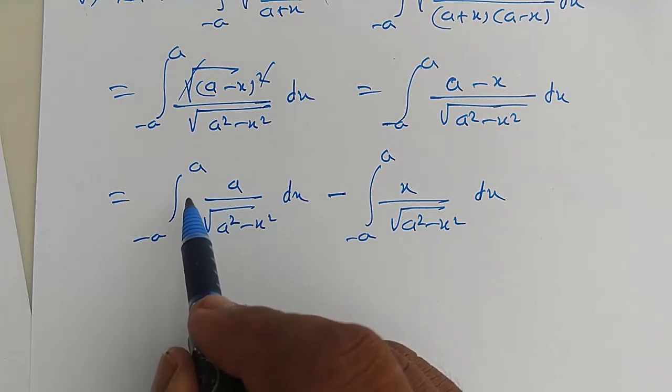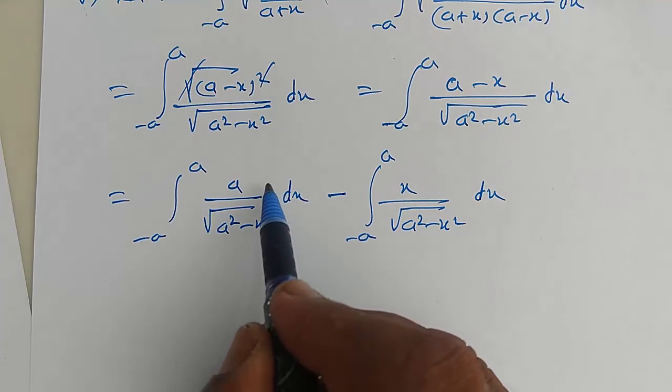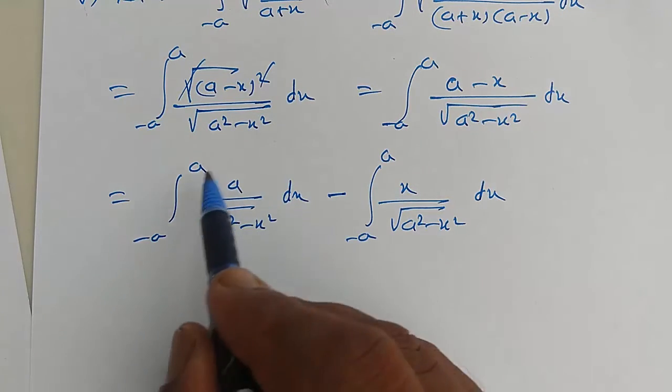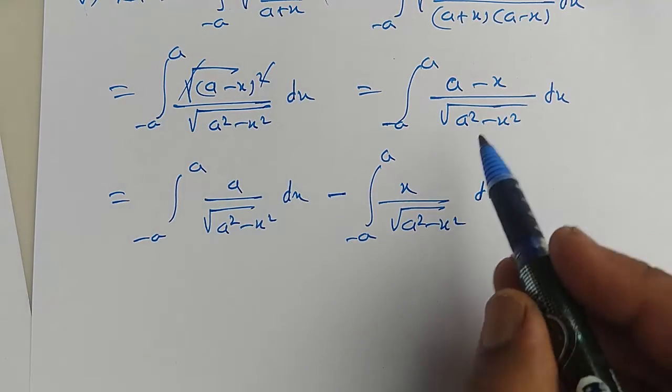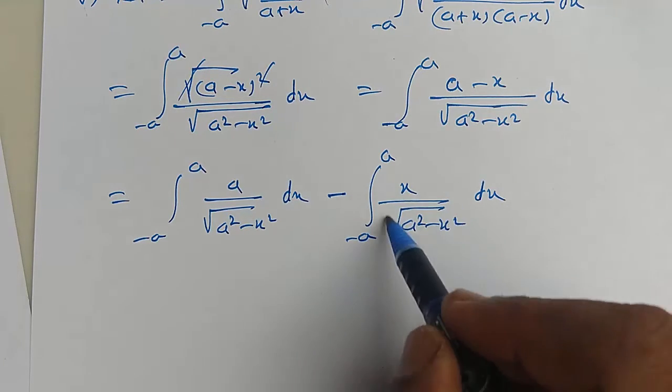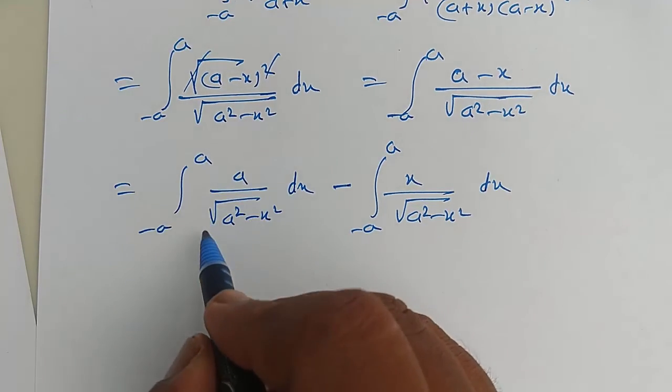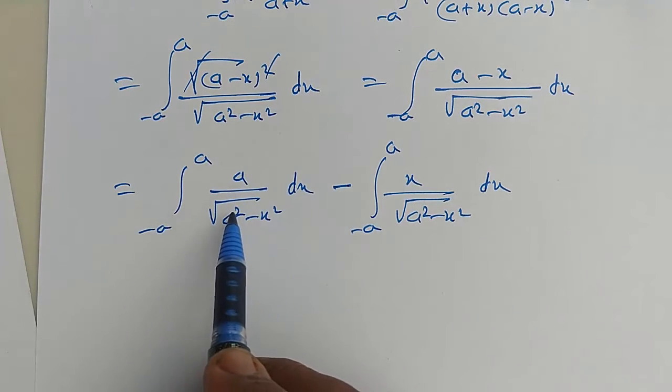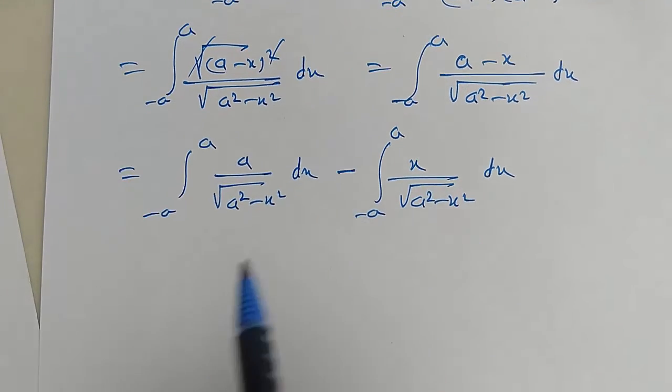Now if you replace x by minus x, there is no change in the first term, and if we replace x by minus x in the second term, it changes sign. So the first function is an even function and the second function is an odd function.